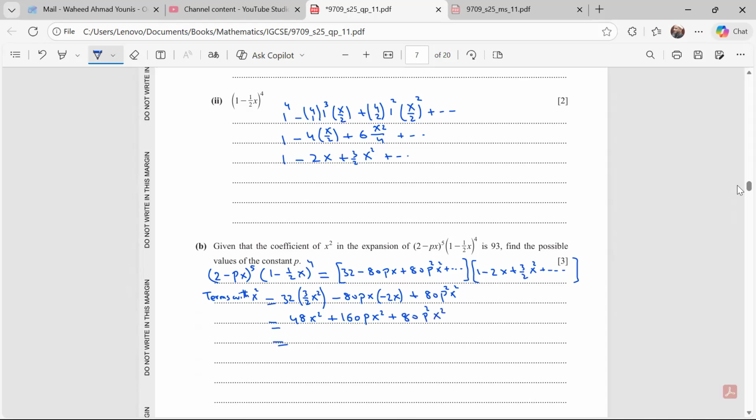I can write it as 48 plus 160p plus 80p square, and everything is with x square.